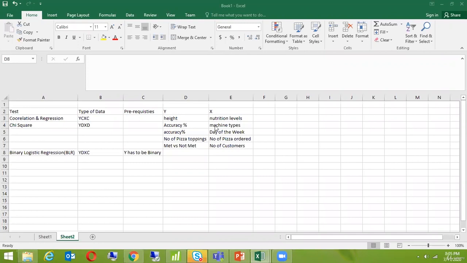Pass fail versus the amount of time spent studying. Very good. So Ashwini, you will not say anything now, I will ask others. I'm just going in serial order. So Mahesh, my friend.